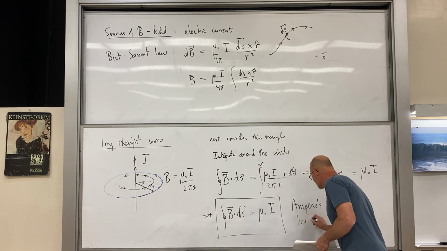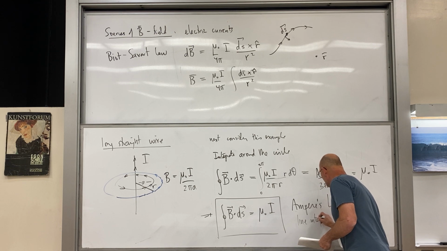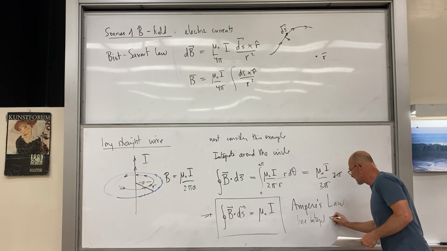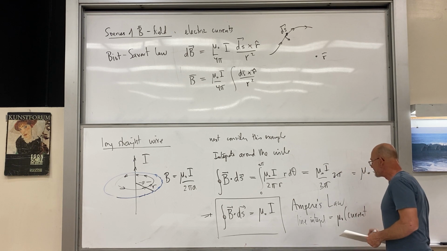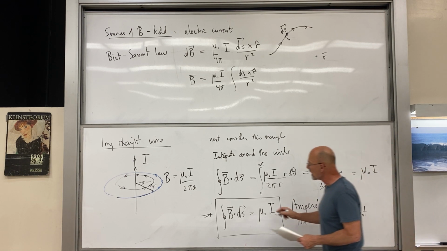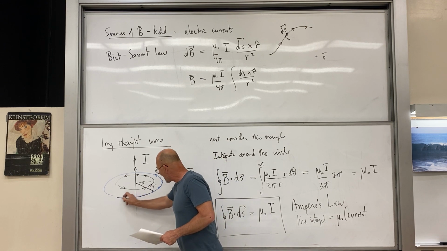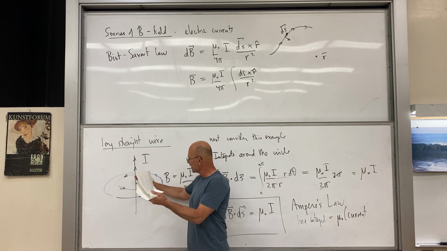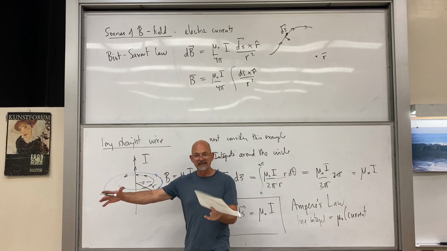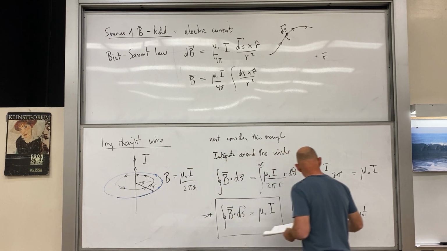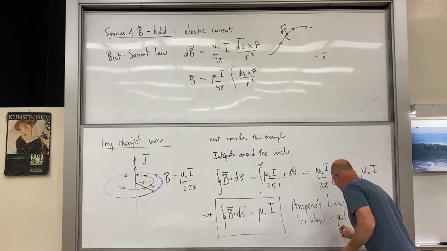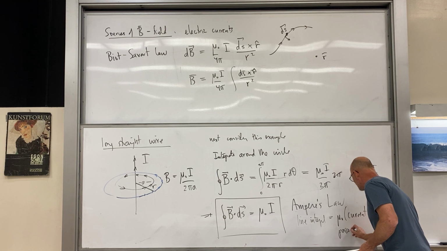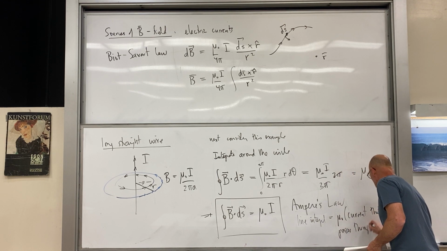So line integral equals mu naught times current passing through the surface. Notice the line integral bounds a surface. In this case, we can think of the line integral just bounding a flat disk. Okay, current that passes through the surface.